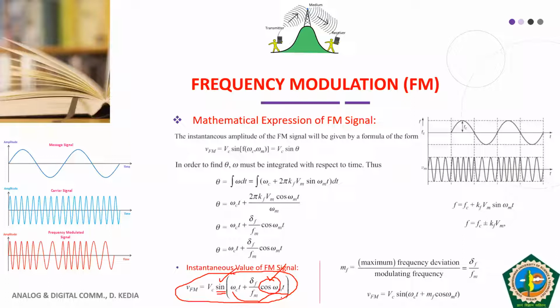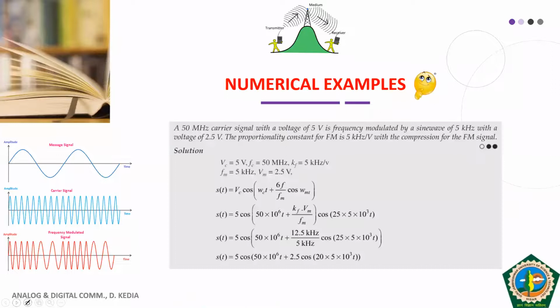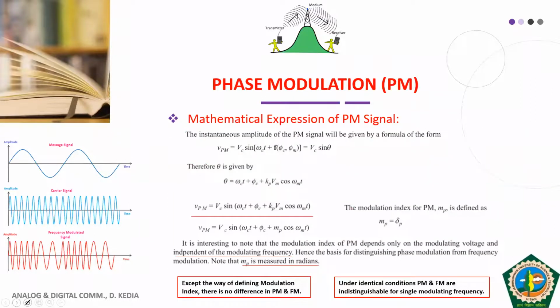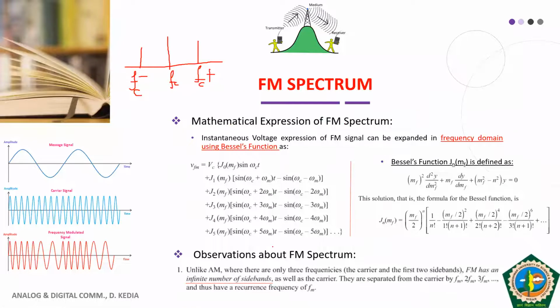It's not a simple expression. Just by looking at it, we cannot say directly which frequency is present here, because this is not a simple sine frequency. So that's why we need to expand our frequency modulated signal in a different way.